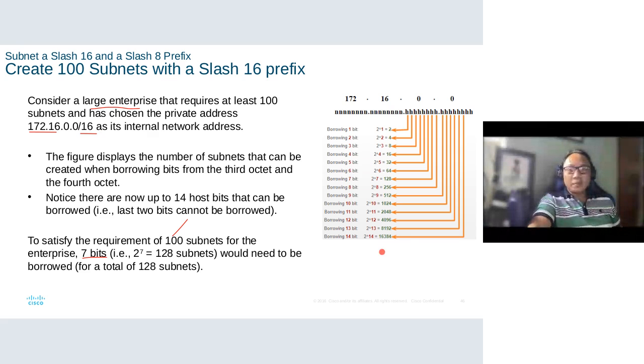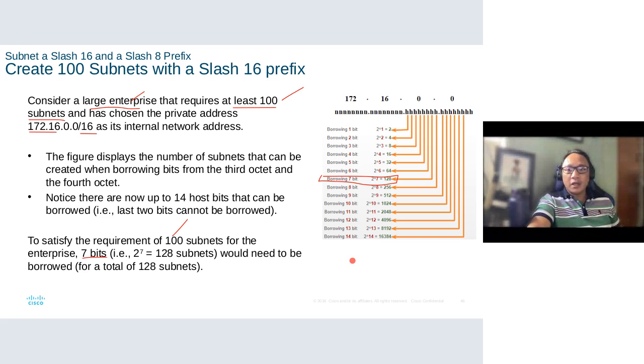Okay? So that means you need to borrow 7 bits, ito yon, no, in order to satisfy the condition na makapag-subnet ka at least 100 subnet. So sobra yan ng 28 subnet, pero pasok na yung requirement nitong large enterprise na to.